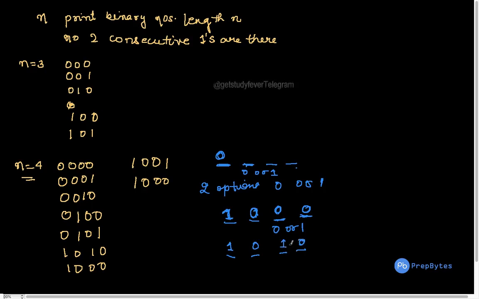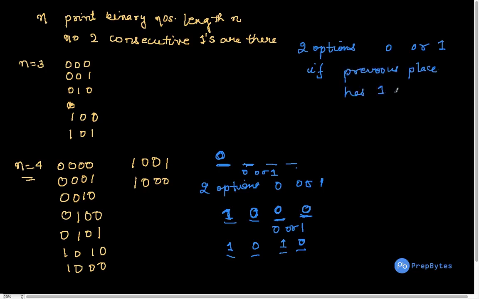As you can see, I just saw a kind of generalization: for every place I have 2 options, 0 or 1. Whether I put 0 or 1 depends on one more factor: if the previous place has 1, then I have no option but to place 0 only.